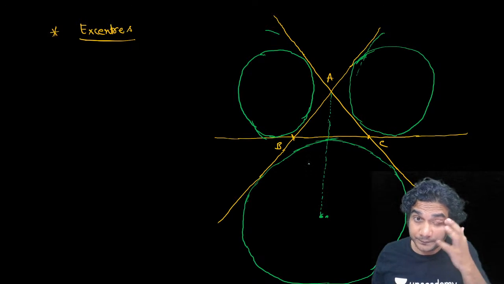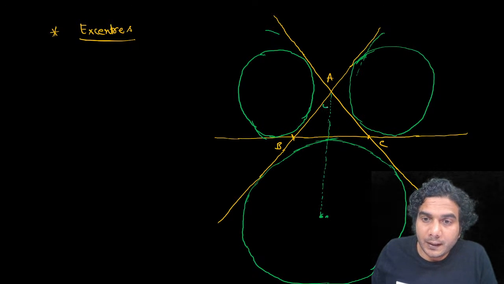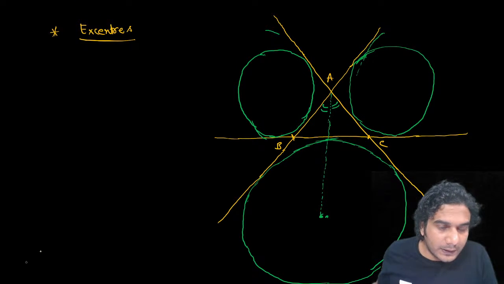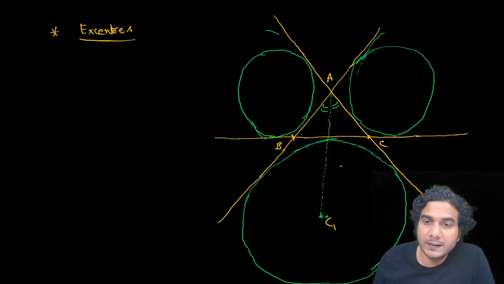Now see, the angle bisector of angle A. This is the angle bisector of angle A, and the center of the circle C1 will lie on this. Why? Because if the circle touches these 2 lines AC and BC, then the distance of the center from these 2 lines must be equal.